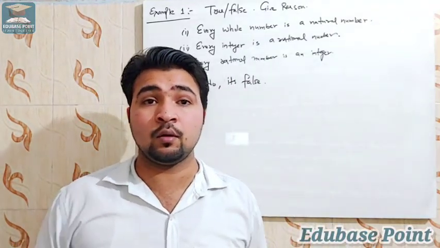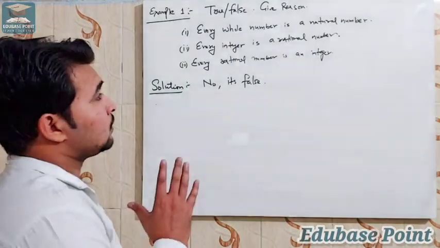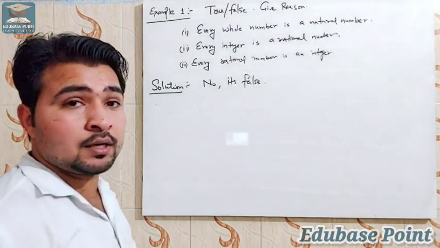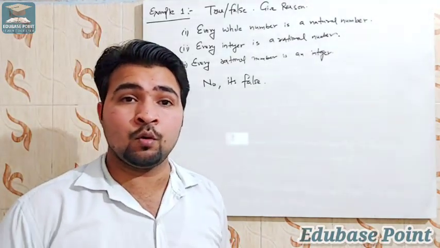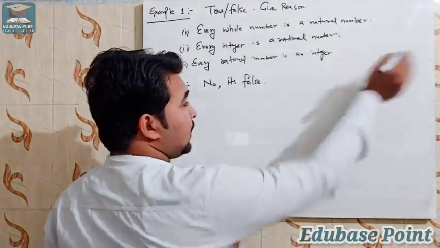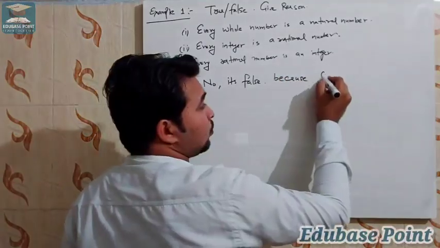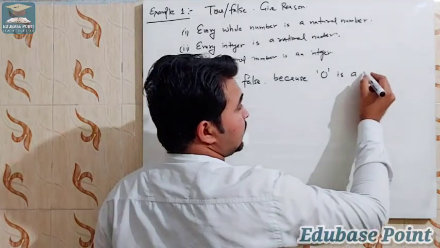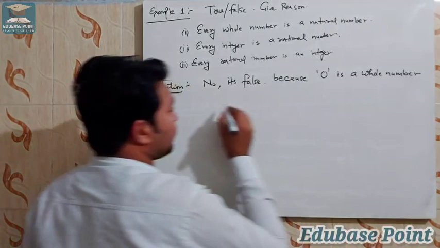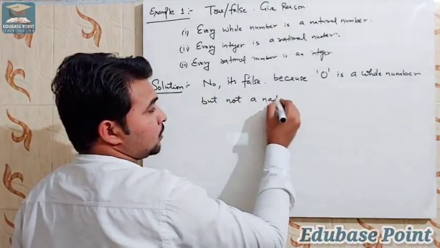It says every whole number is a natural number, but here the number 0 is a whole number but not a natural number.